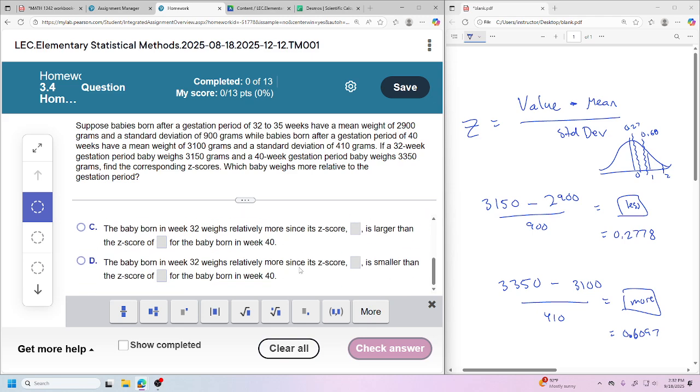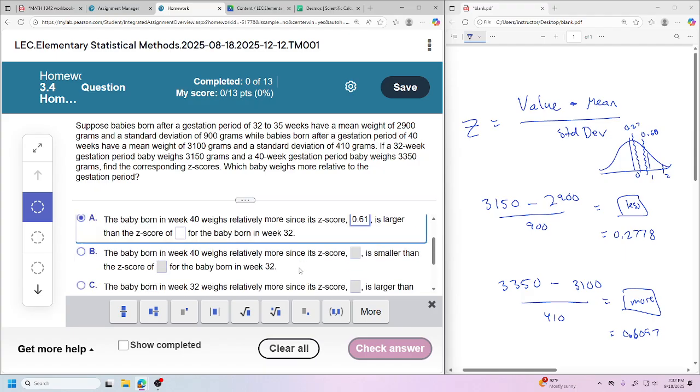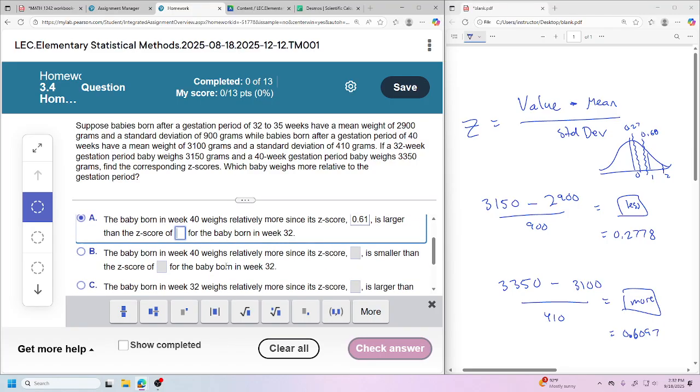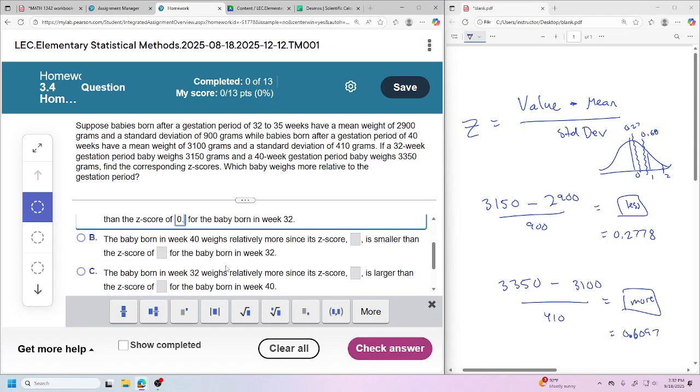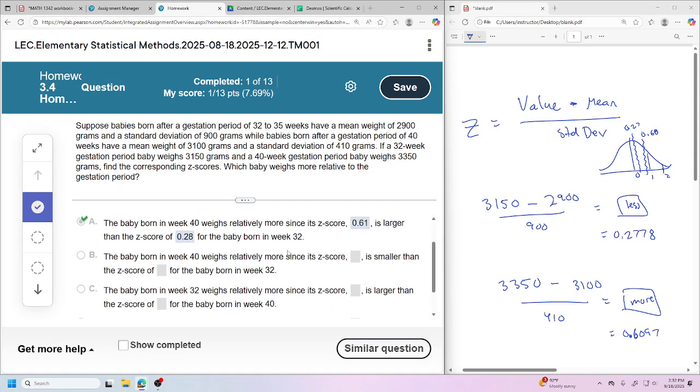How many decimal places? Did they say 2 decimal places? So that'd be 6.1, wouldn't it? And is larger than a z-score of this. Yep, 2.8 rounded. Oh, we got it. All right.